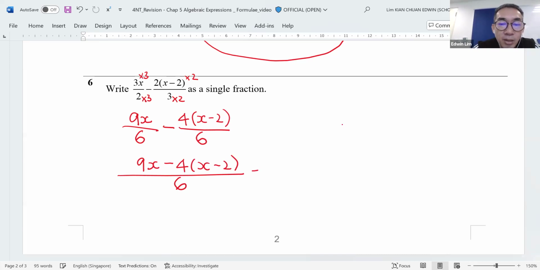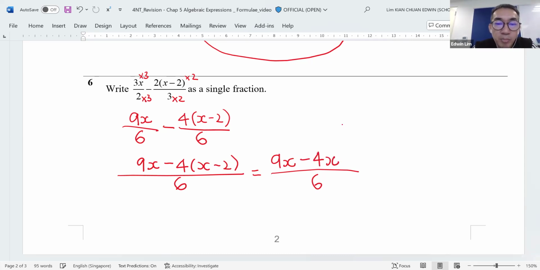This is almost the end, but not the end yet, because right now you can see they are x and x, meaning we can put them together. Alright, so 9x over 6. 9x I never do anything. Now I need to remove the bracket. Negative 4 times x, I get negative 4x. Be careful now.